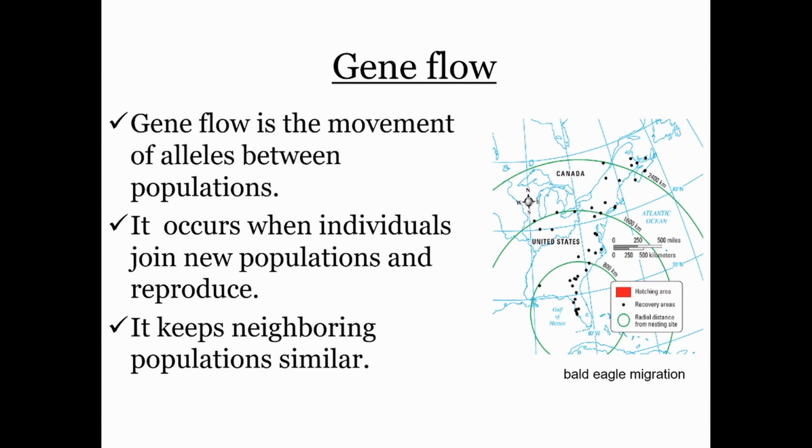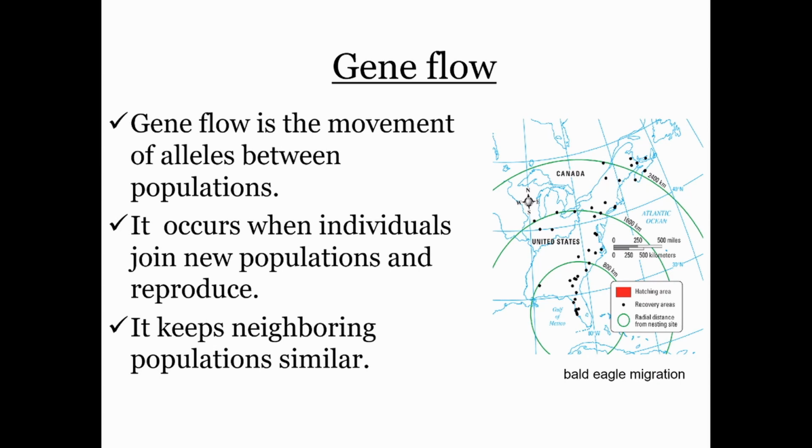Gene flow just talks about the movement of alleles between populations. So when individuals immigrate or emigrate to a new area, that is gene flow. If I were to move across the country, I'm not just moving myself, I'm also moving my genes.